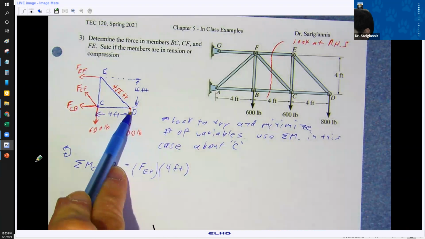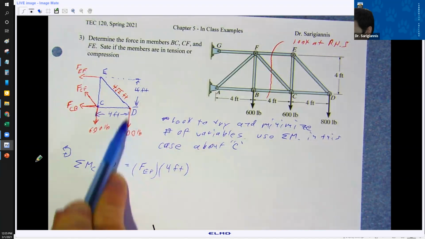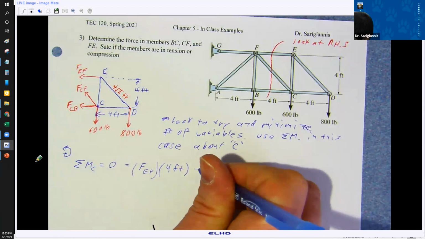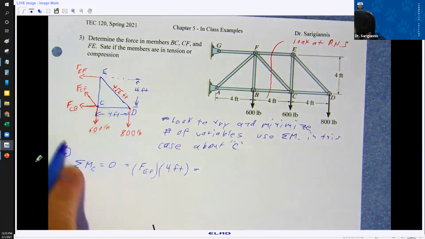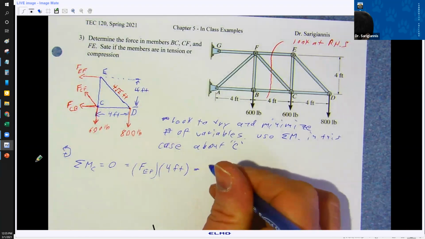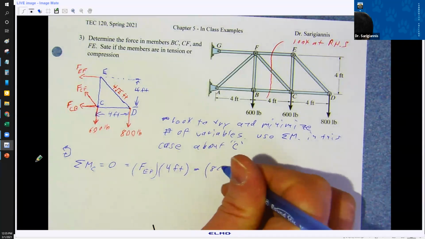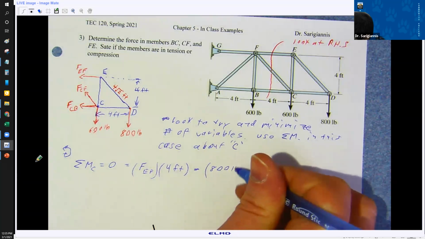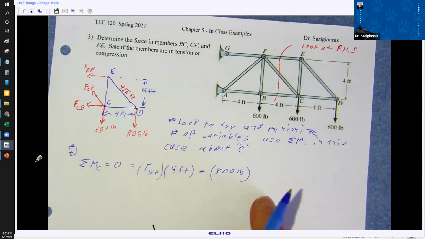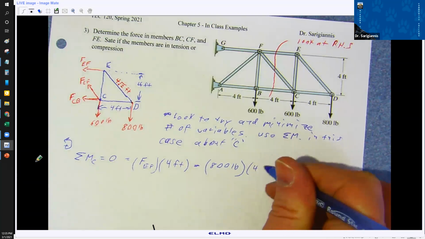And then over here at point D, we've got 800 pounds acting downwards, and that's generating a clockwise moment about C, so that's a negative. Oh, did I say 400? 800. I don't know what I'm saying anymore. 4 feet, 800. And that's at 4 feet as well.